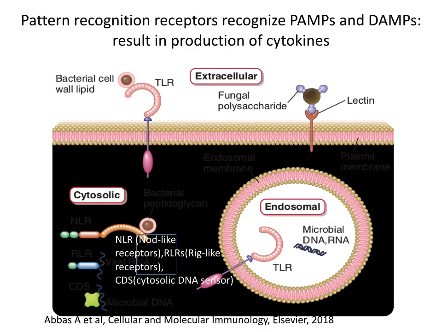Those that are found in the cytoplasm include nucleotide oligomerization-like domain receptors, or NLRs, or NOD-like receptors. You also have RLRs, or RIG-like receptors involved in interferon production. And you have a variety of other cytosolic sensors.